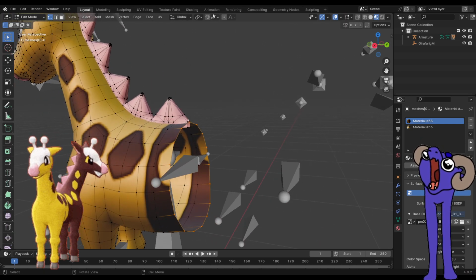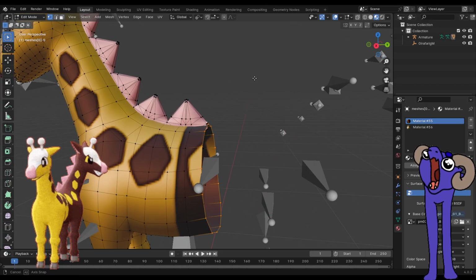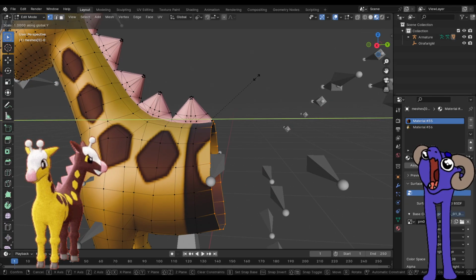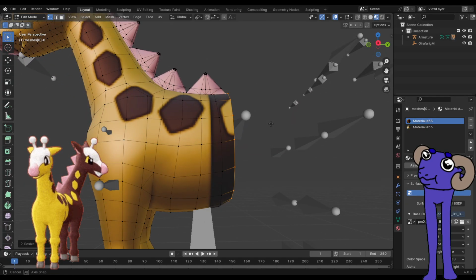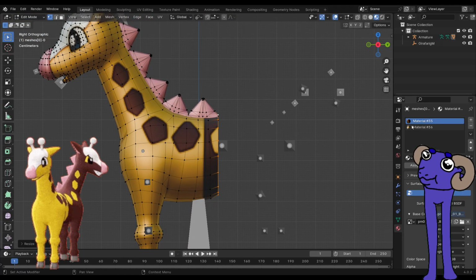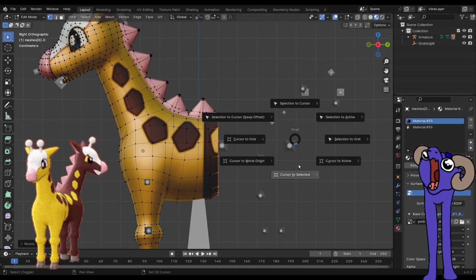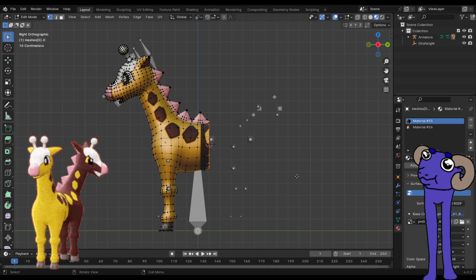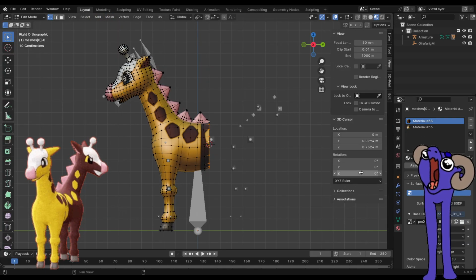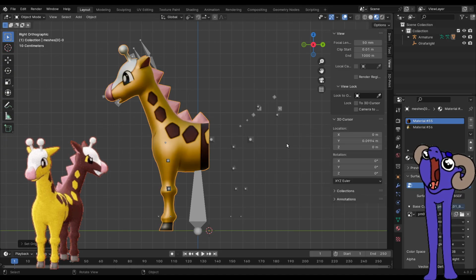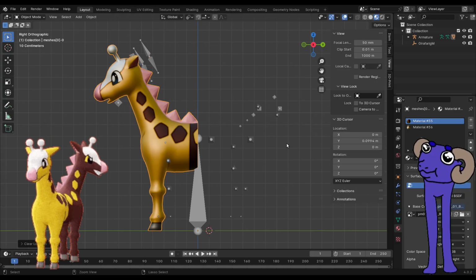And we're going to go to active element and scale on the y-axis to 0. And then we want to shove the cursor here. And then make the cursor go down to the floor and set the origin to the 3D cursor and boop.